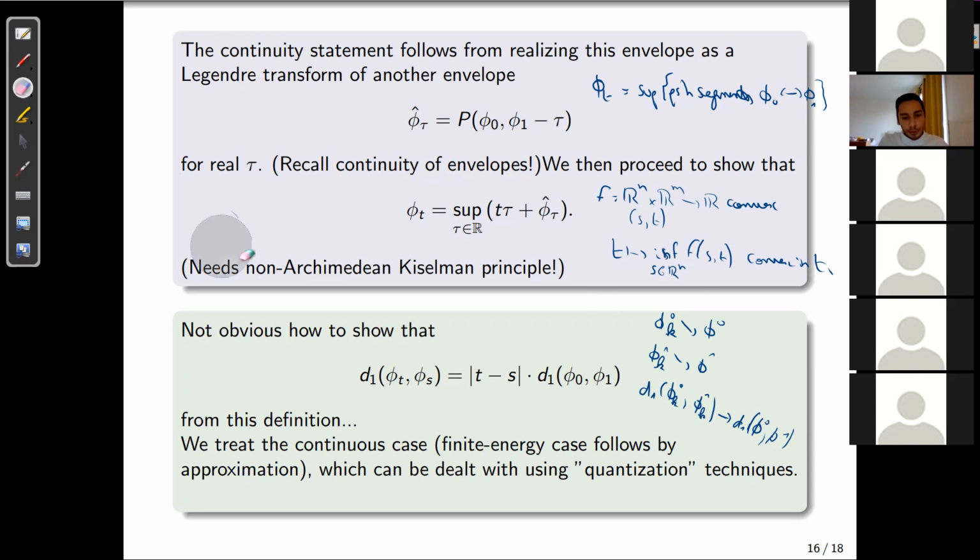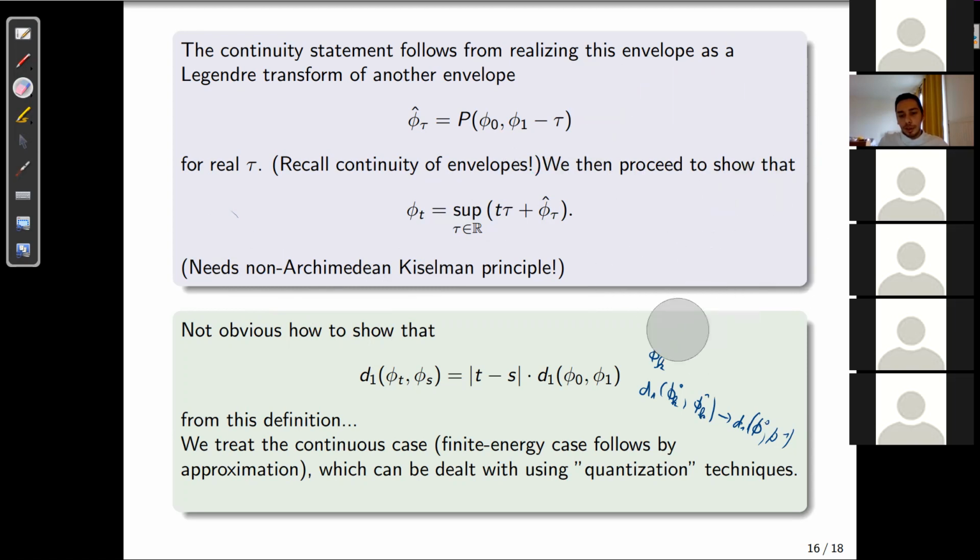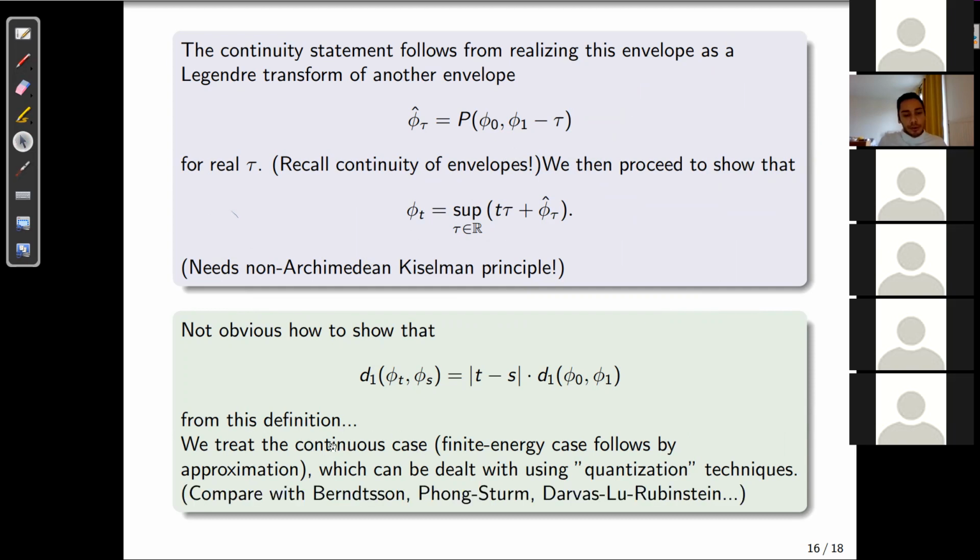This is actually a bit of an involved computation, but it works. You also have to show that the envelopes are well behaved under taking decreasing limits in finite energy spaces, but this works. So if you like to use a fancy word, we can say that we use quantization techniques for the continuous case. This is really based on the work of Berman, Darvas and Rubinstein.